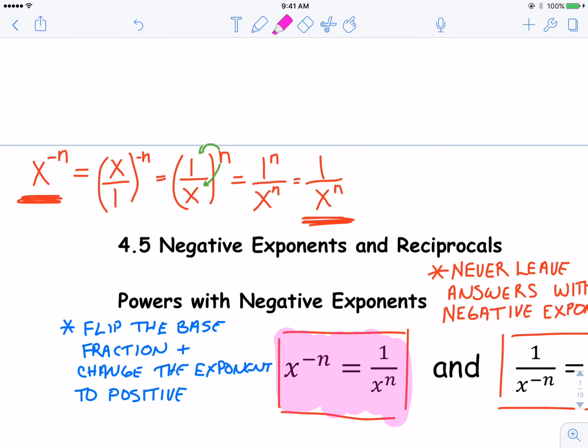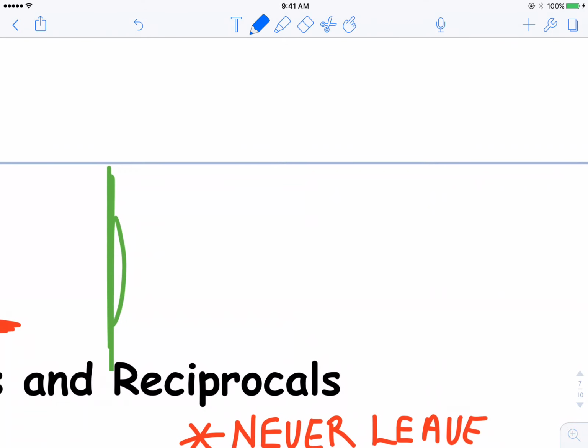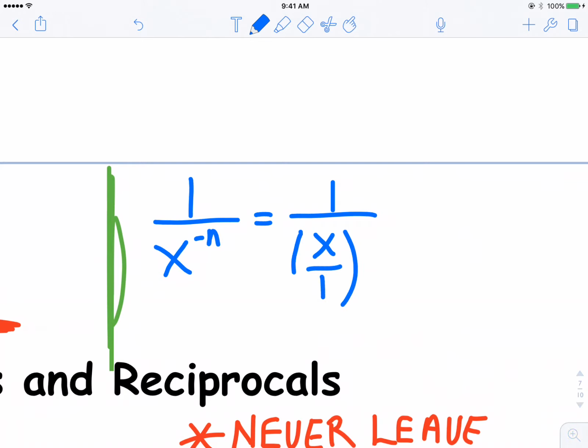Okay? I'll work the second one through with you as well: 1 over x to the minus n. 1 over x to the negative n would be the same as 1 over, so the original 1 over, and then change this base to a fraction, x over 1 to the power of negative n.